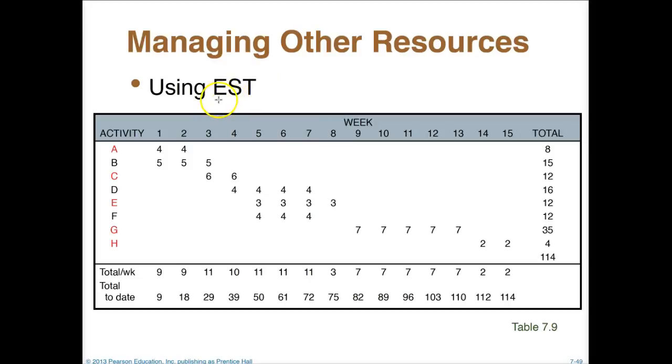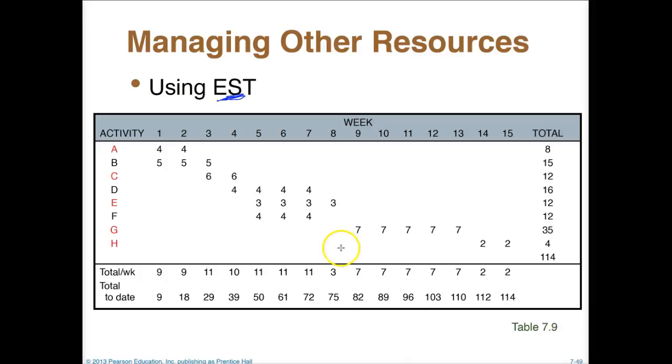And so now, if we're using the earliest start time, now that we know how the money's being spent, we can also do the same thing and sort of figure out how many people are going to be used, or how many of our resources are going to be used per week. And of course, this is like an indirect way to track the amount of money that we're spending, because of course the more resources that we use, especially if they're people, then the more it's actually going to cost us.